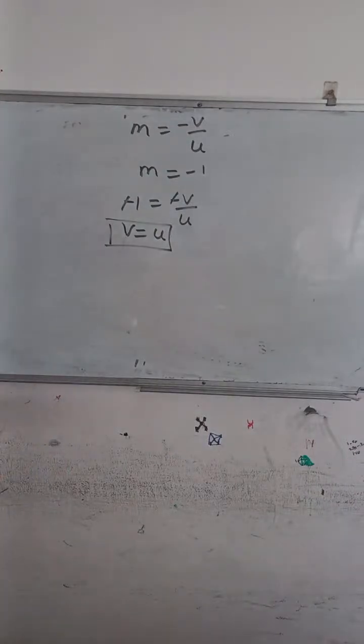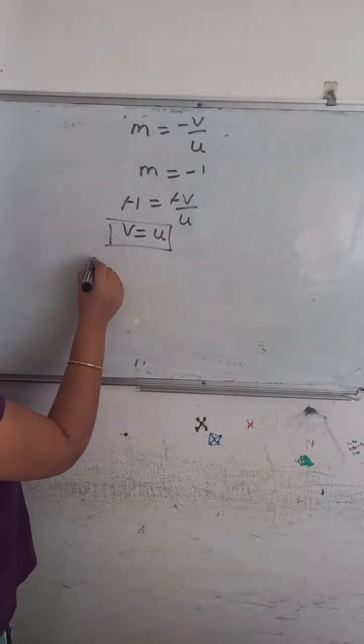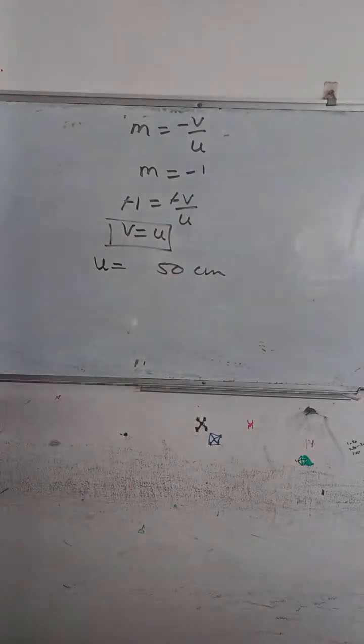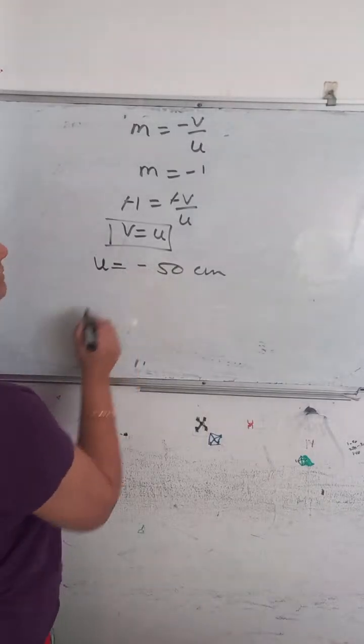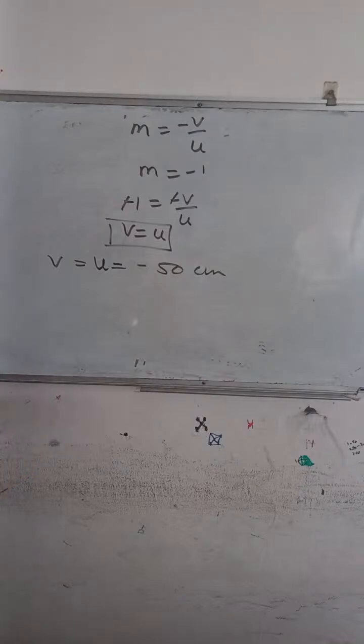Okay, and they are saying the screen is placed at a distance of 50 centimeter from the mirror. So mirror से 50 सेंटीमीटर पे क्या रखा है? Screen is kept. So here you will get U as 50 centimeter, but in front of the mirror, so it is minus. So U 50 है, तो V is also minus 50 only, no?